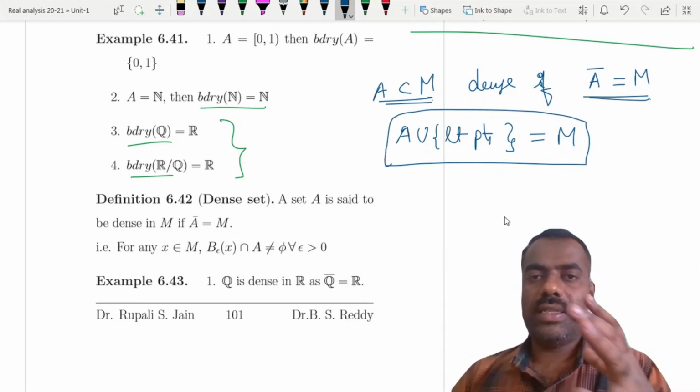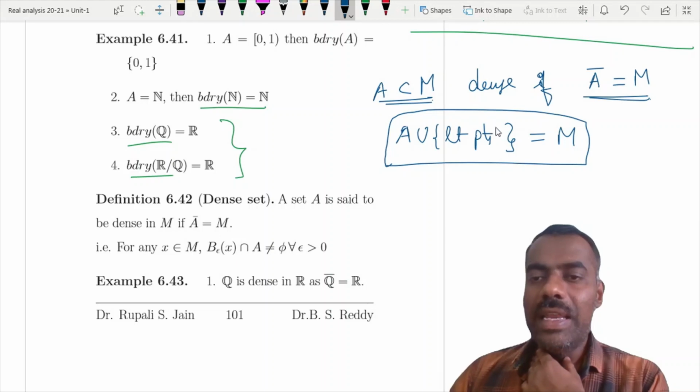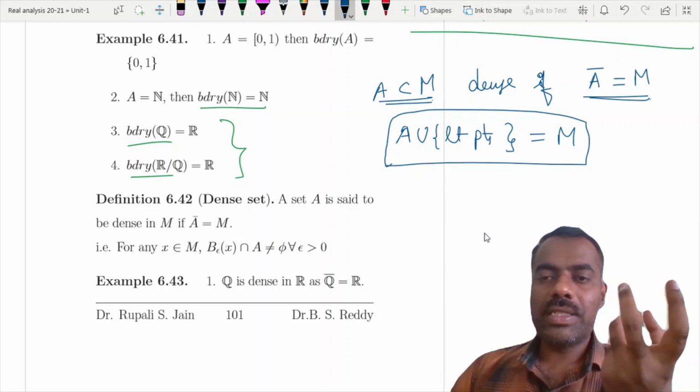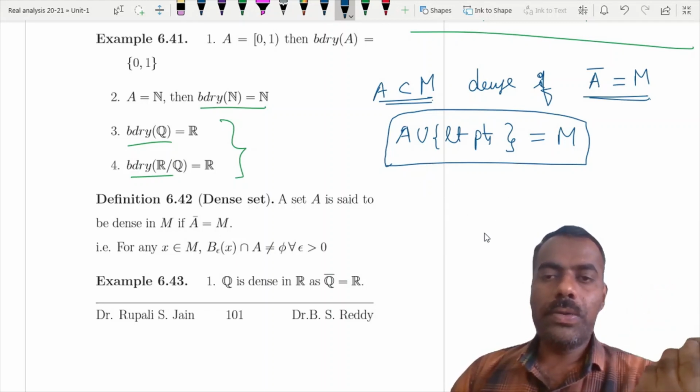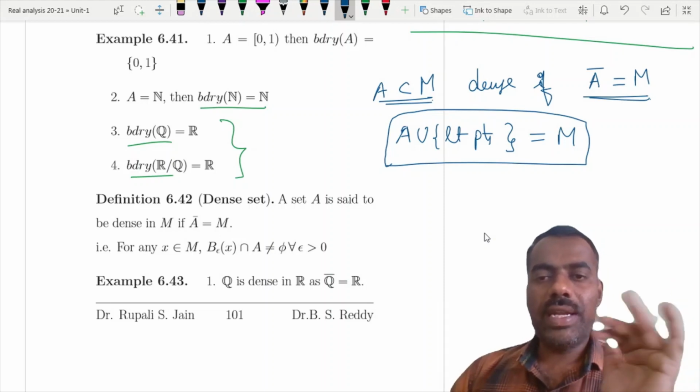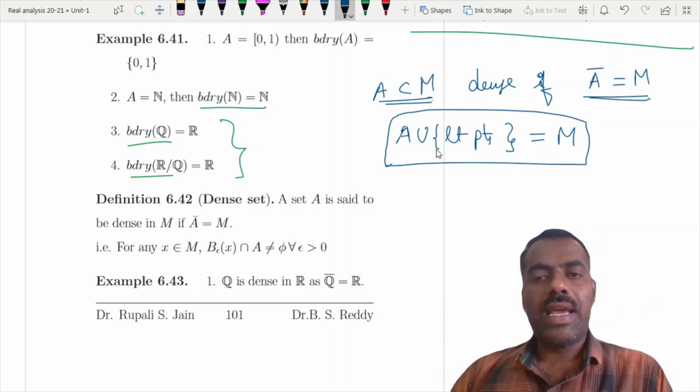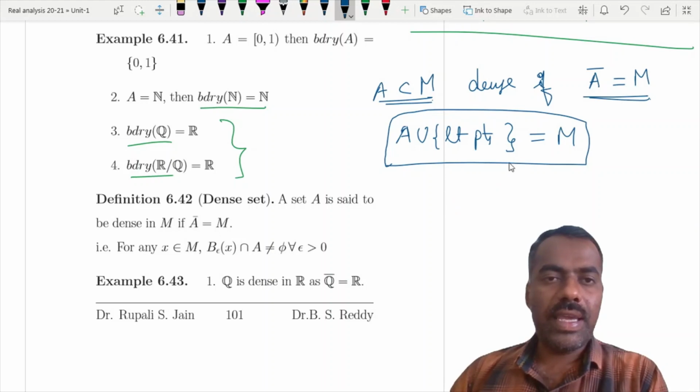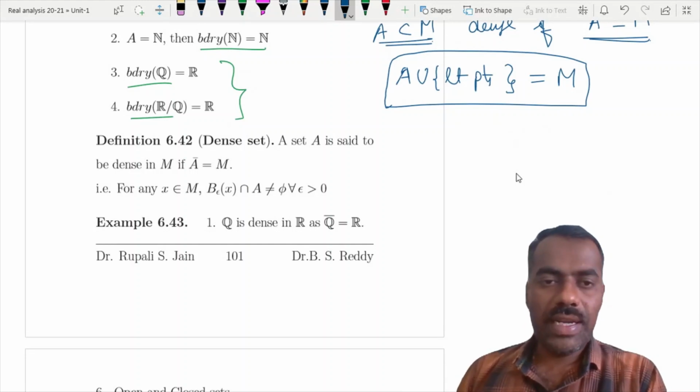So what is meant by a limit point? A limit point means however small a ball you take, it should intersect A. Then we say it is a limit point. So A together with limit points equals M. That's why we call it dense.